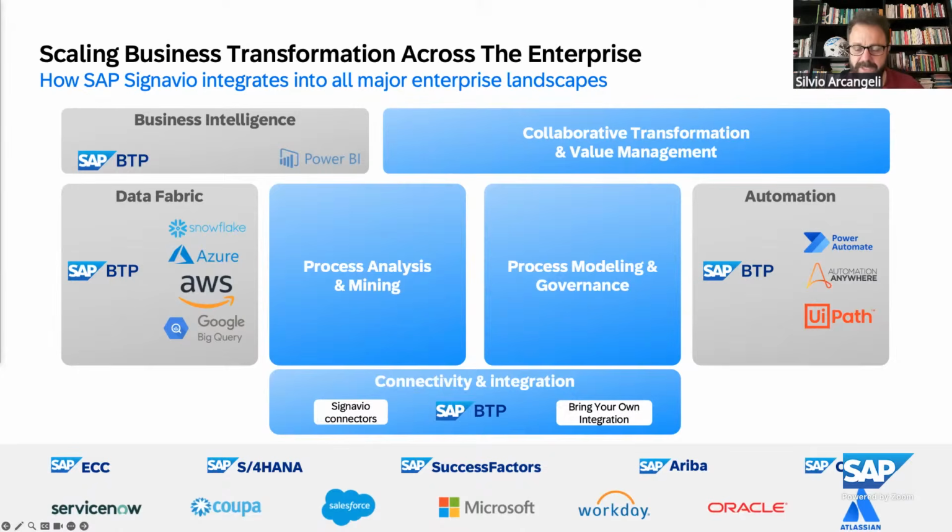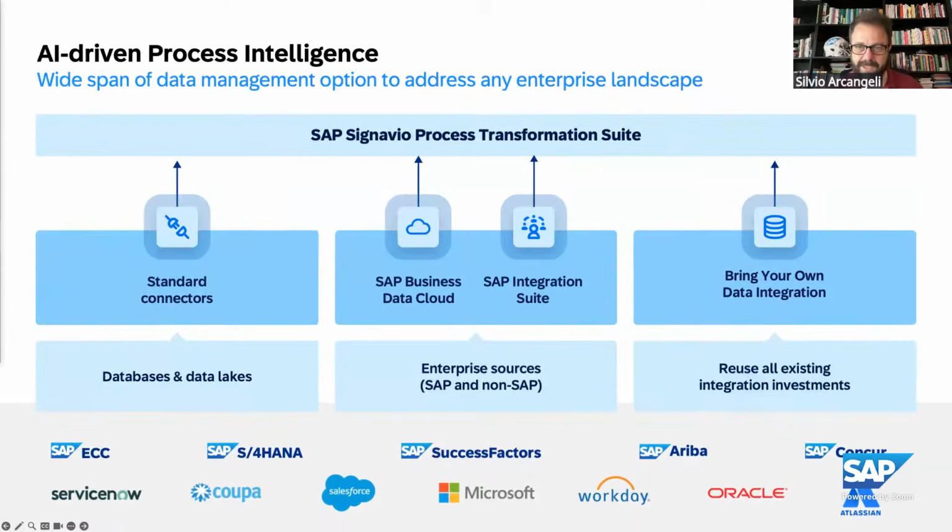Let me dig a little bit deeper into the integration aspect, because here we provide three main different options for ingesting data into Signavio. So first one is what we call the standard connectors. So the standard connectors, they are built into Signavio itself. They are the easiest option, of course, because they're already there.